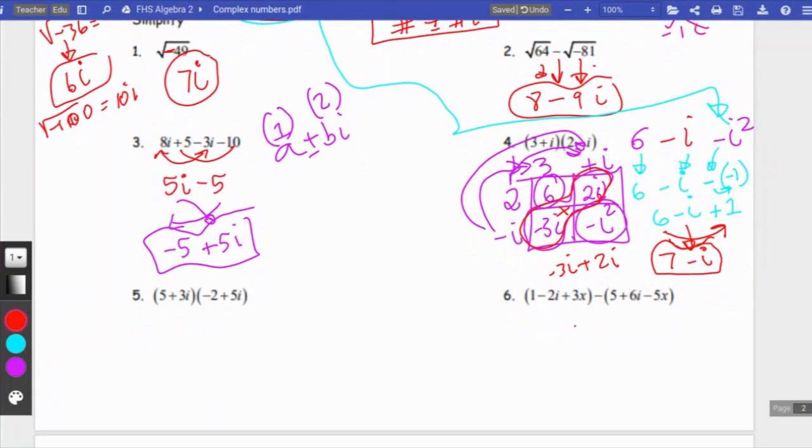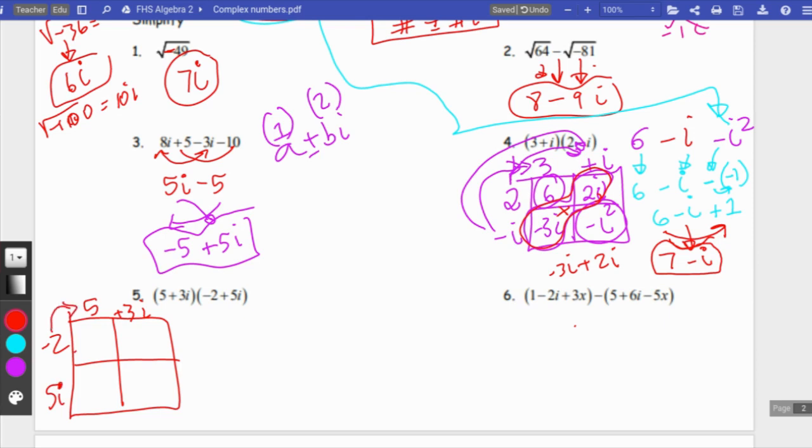All right. So here we are with number 5. I start with the box. I will make my box. I have 5, 3i, no, it's not a 5 there. Go back. 5, positive 3i here. And then I have negative 2 and 5i. All right, cool. Okay, let's multiply.